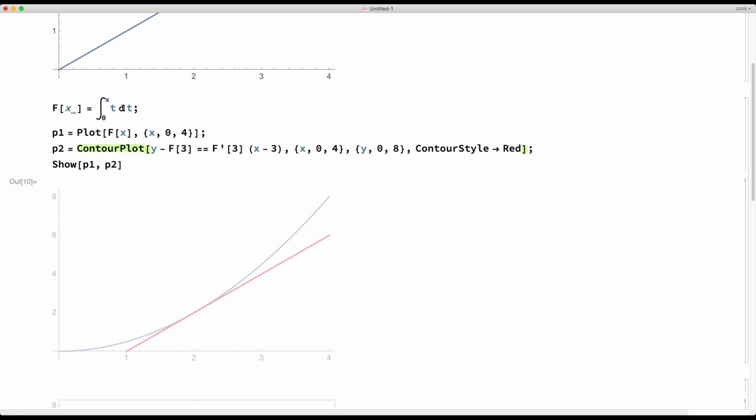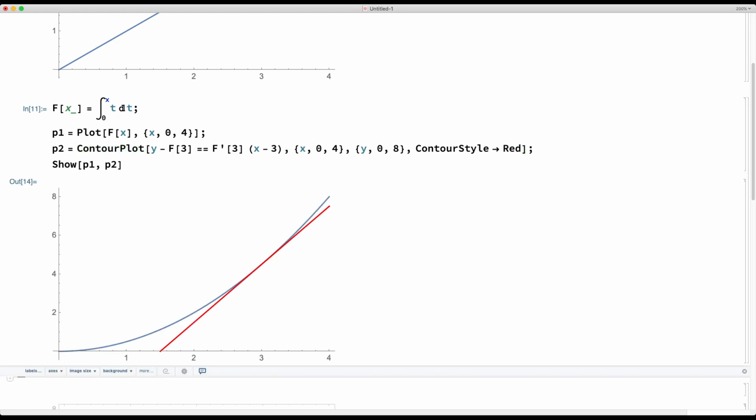If I run this, the blue curve will stay the same, right? It's the same parabola. The red line will be a tangent at this point here, 3 comma whatever. So the tangent will just change because I've chosen a different point. Good. All right, figure out that slope, please.